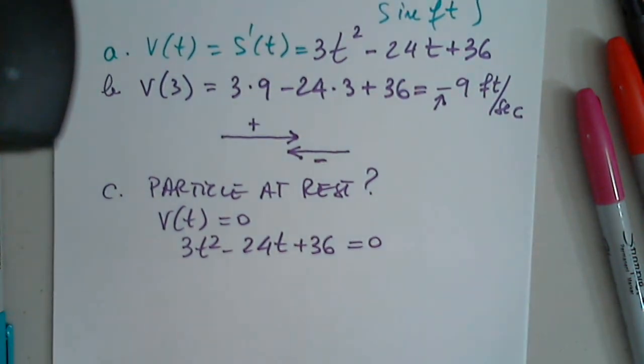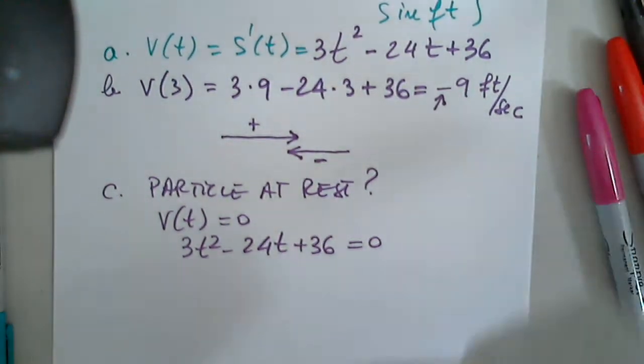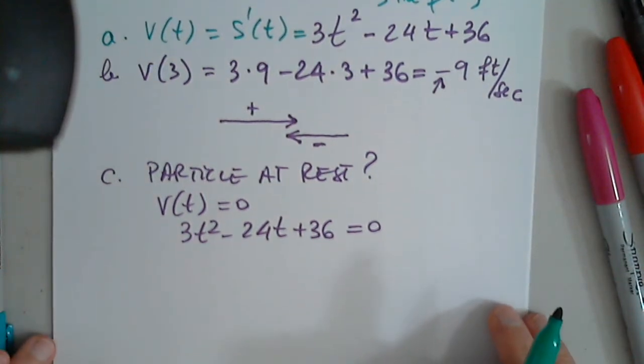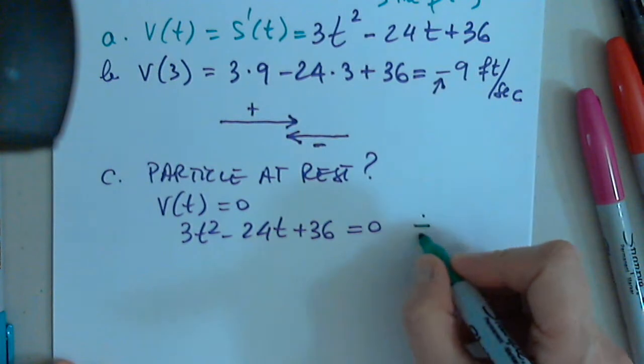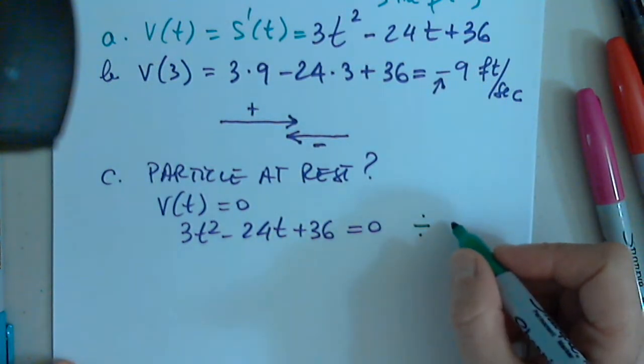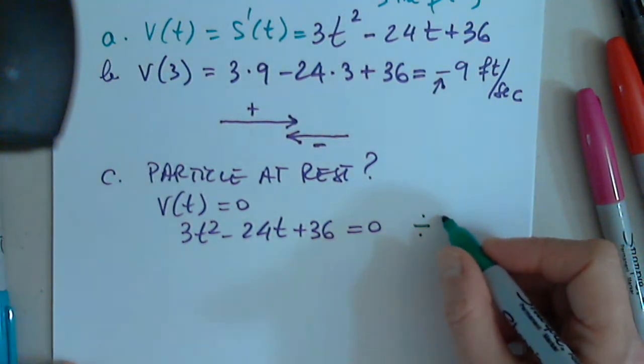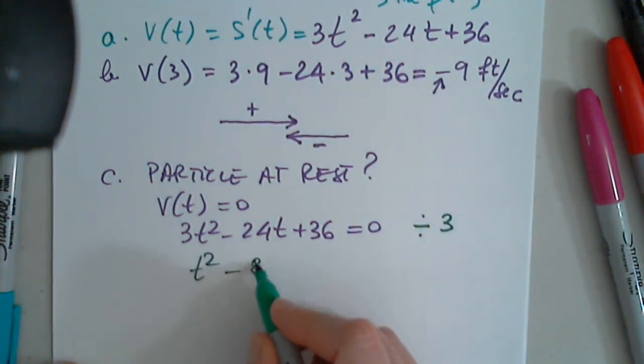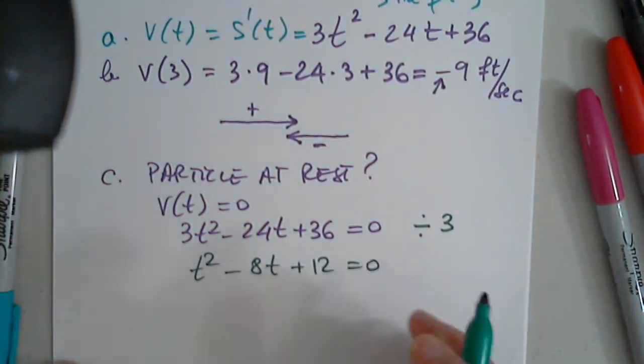What do you think we're going to have to do first? As one of my friends says, we're running a clean ship here. Let's reduce it as much as possible. Divide by 3. Very good. So then t squared minus 8t plus 12 equals 0.